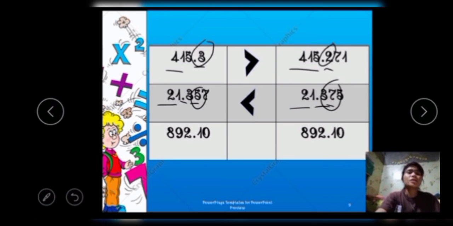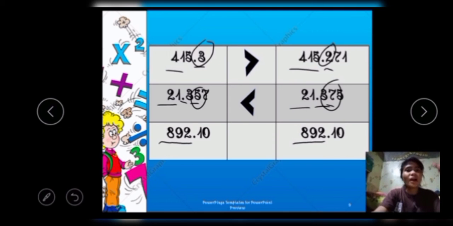And in our last example, we have 892.10, and in our right side, we also have 892.10. So here we have the same whole number, which is 892. So let's find out if the decimals are the same or different.